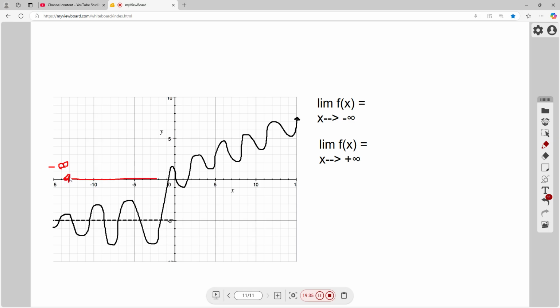Boom, this side. And as we go down, we can see that it's oscillating. It's going up, down, up, down, up, down. But what you can see is that those bumps are slowly getting smaller and smaller, and they're closing in on y equals negative 5. In this case, your answer is going to be negative 5.